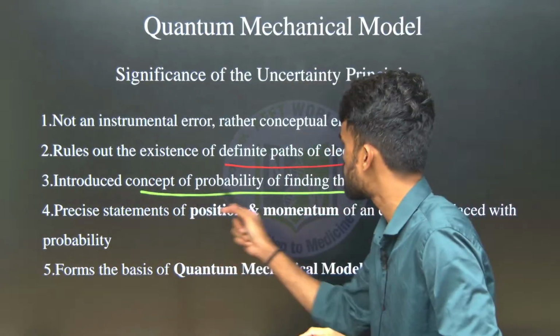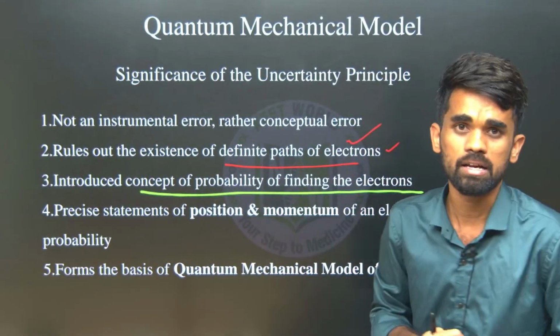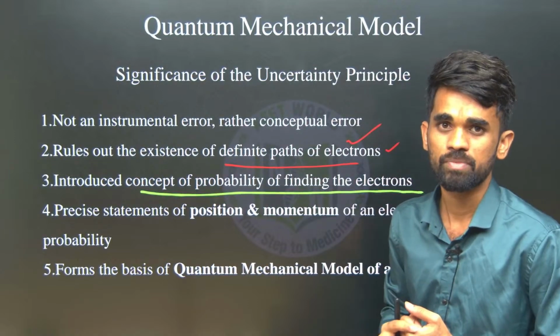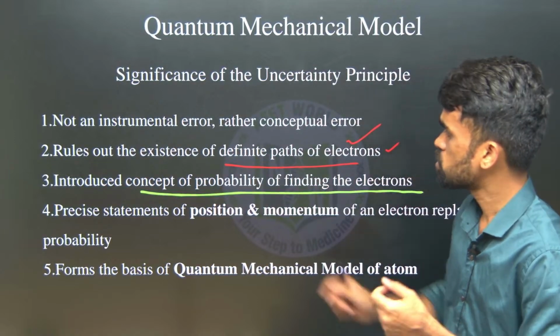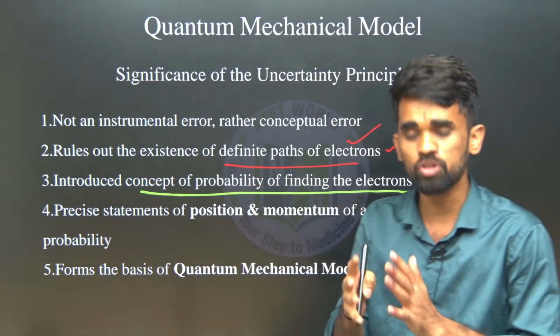The concept of probability of finding an electron is introduced in place of definite paths. This contradicts the Bohr theory.